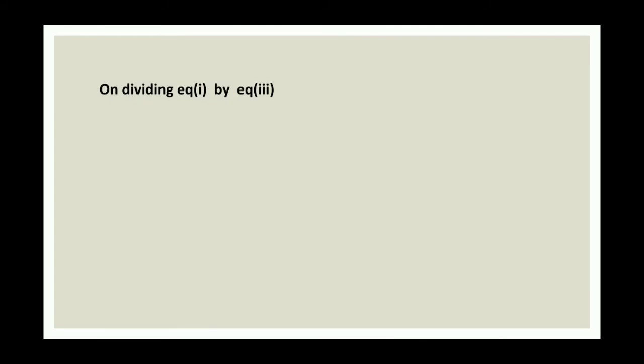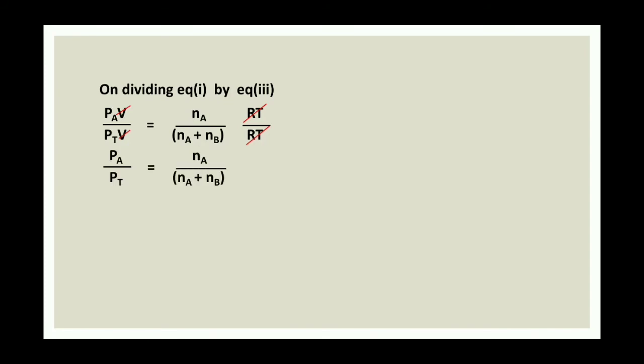On dividing equation 1 by equation 3, we will be getting PaV by PtV is equal to Na by (Na plus Nb) into RT by RT. Cancelling the common terms, we will be arriving at an equation Pa by Pt is equal to Na by (Na plus Nb).